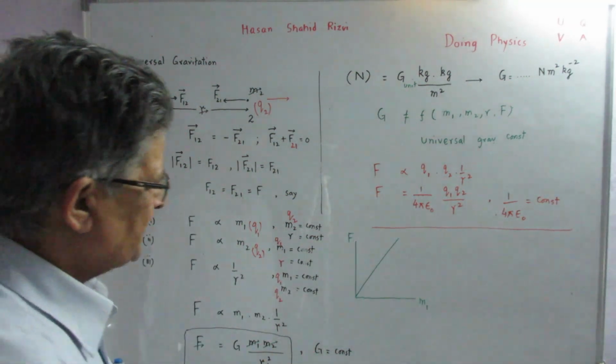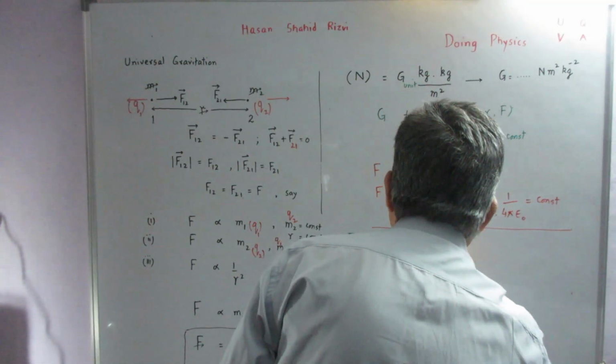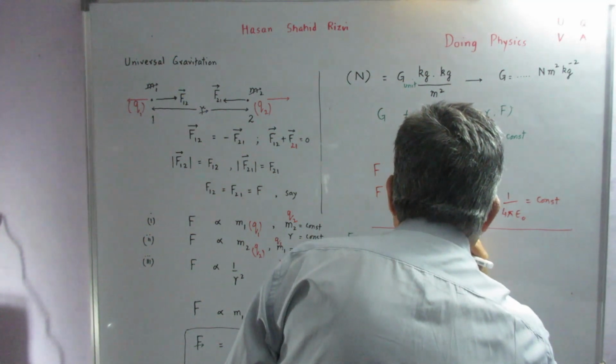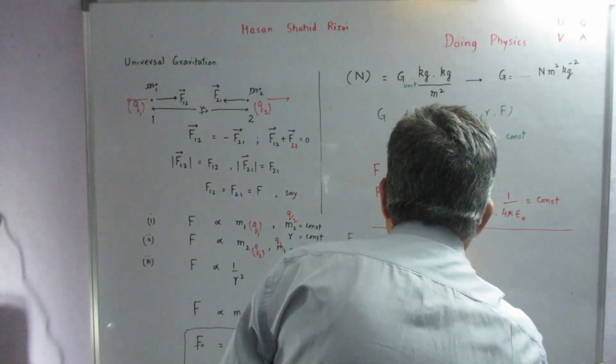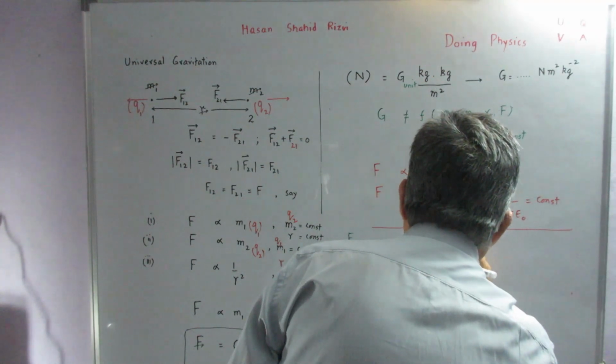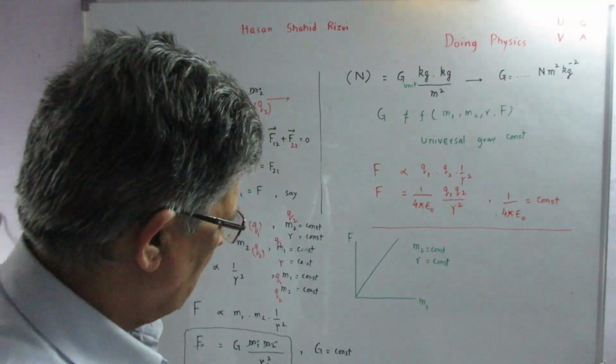Then this is a linear system, under the condition that M2 is constant and R is also constant. Of course we can do it with Q1, Q2 and R.